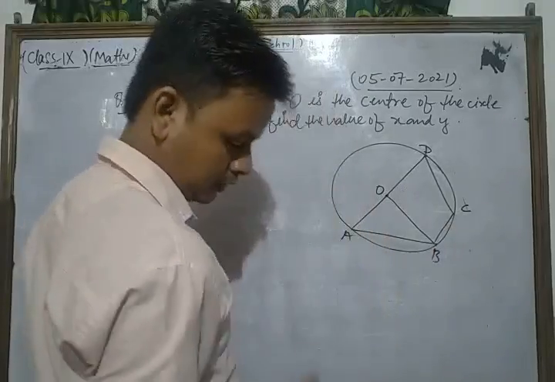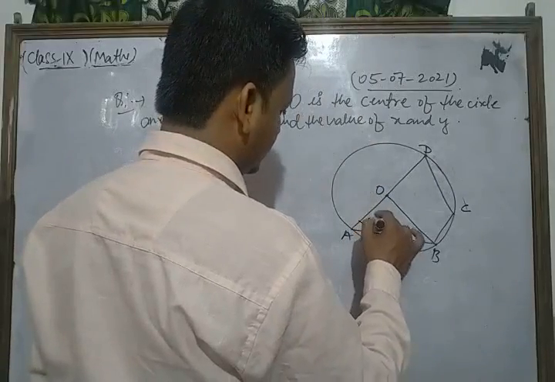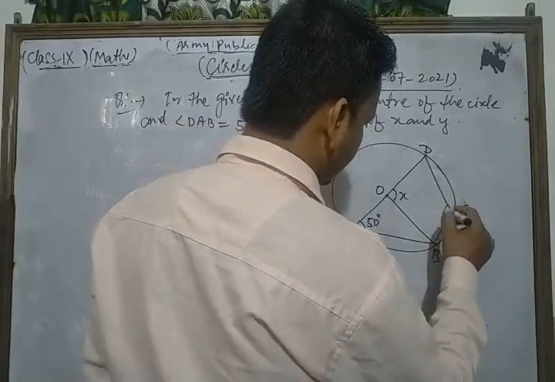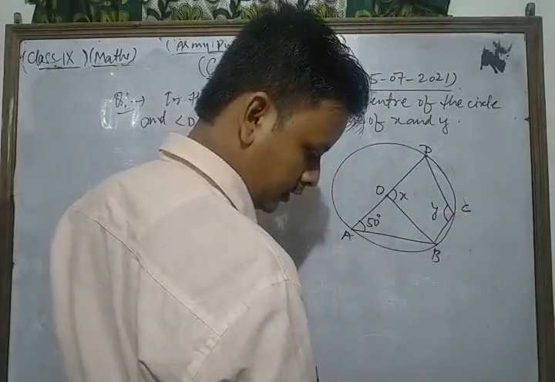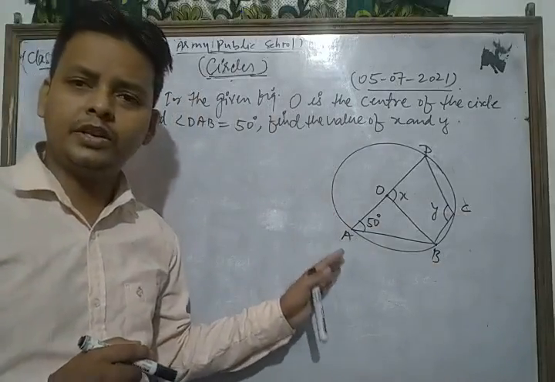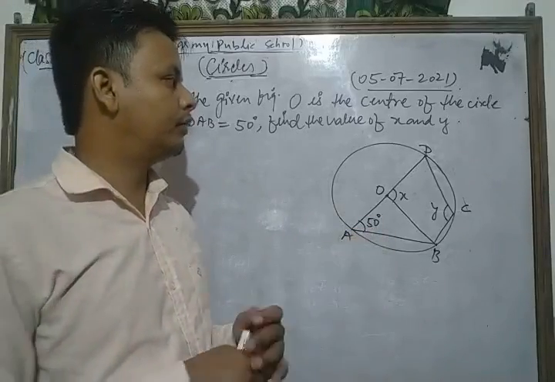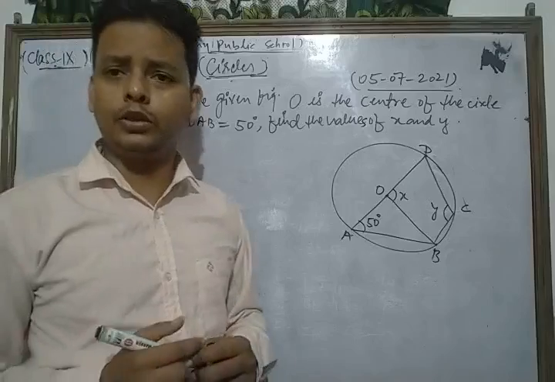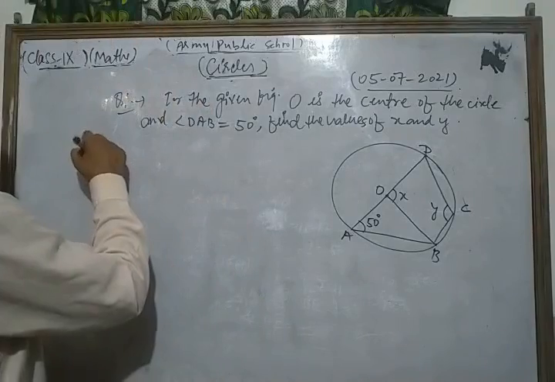So this is 50 degrees, this is x, and this is y. This is the figure given in our question, and we need to find the values of x and y respectively. Okay, dear students, let's see its solution.